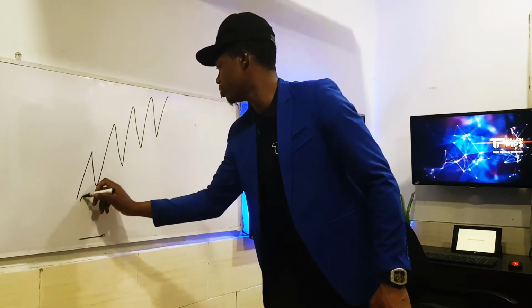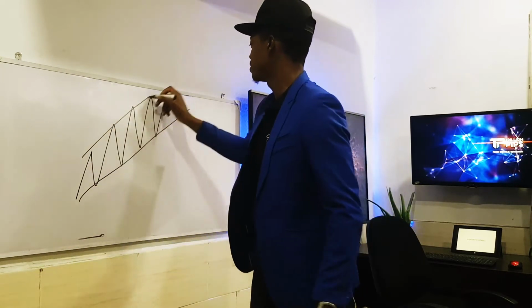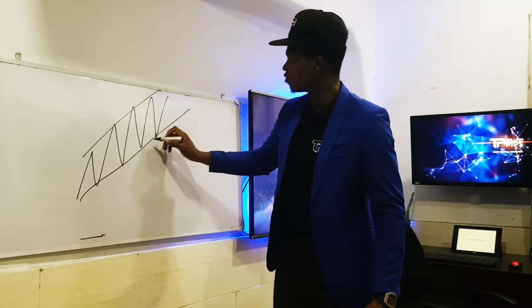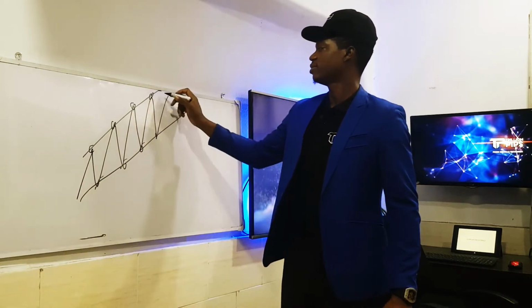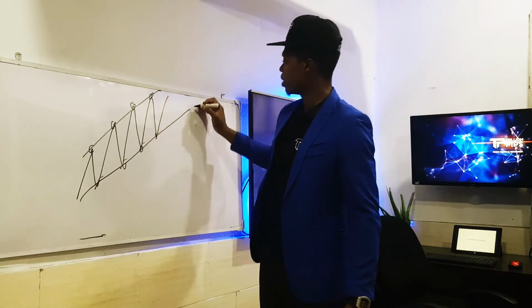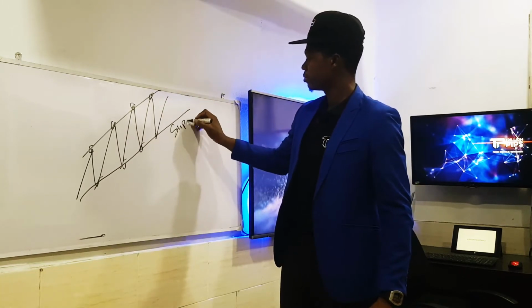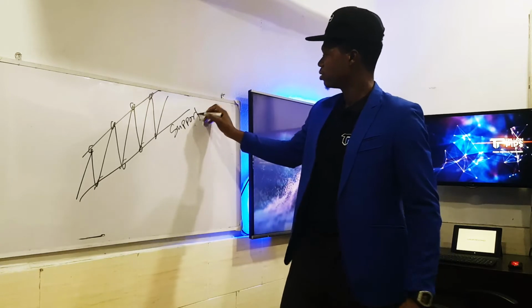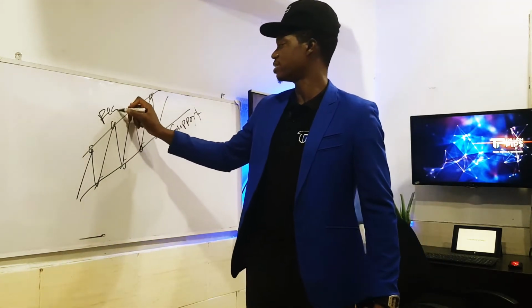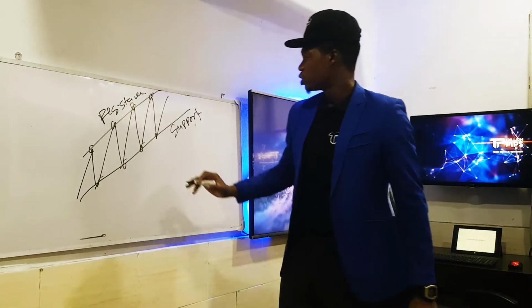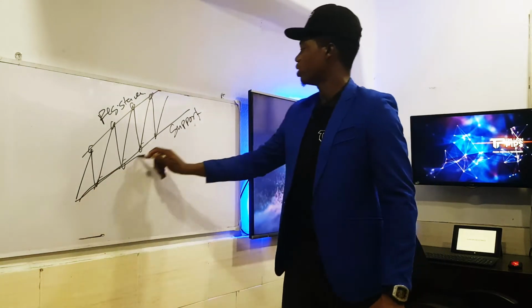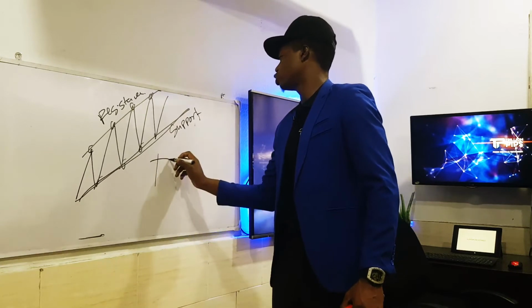You discover that when you draw the line, it always bounces off that particular resistance line or support line. So we have the support, we have the resistance, right? So now this line we draw here is also called a trend line.